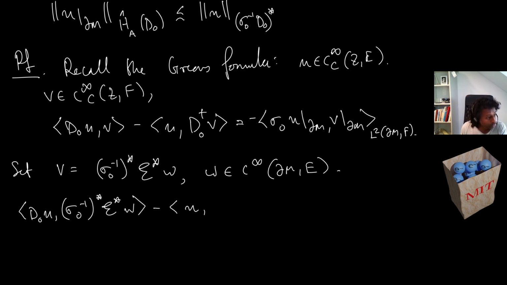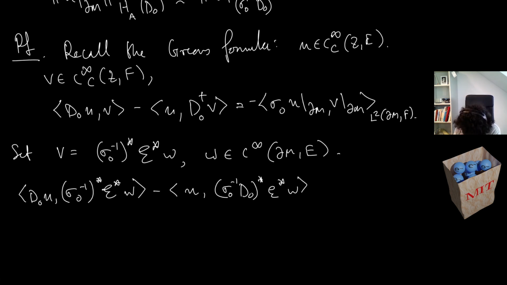minus u. So now we get sigma naught inverse d naught star, right? Because if we pull the d naught across, I'll explain this in 1 second, E star of w, and this is now equal to negative sigma naught u restricted to the boundary, and then sigma naught w.